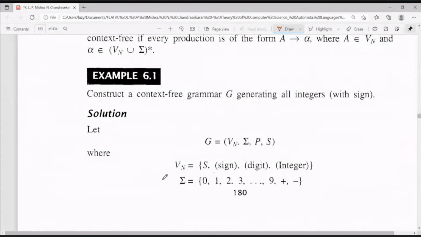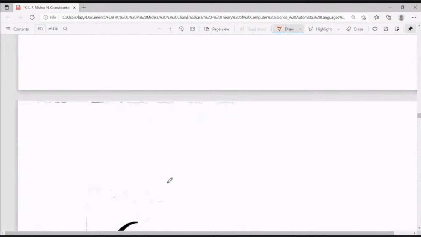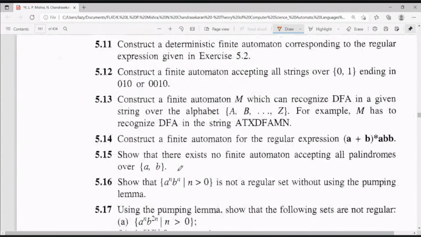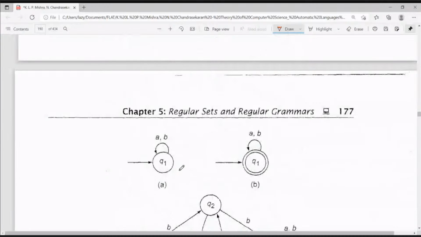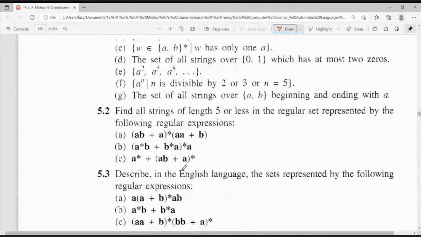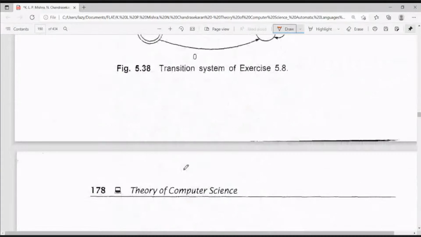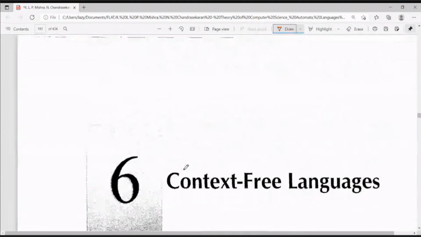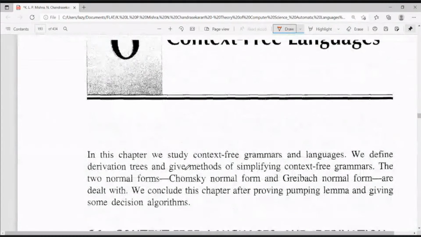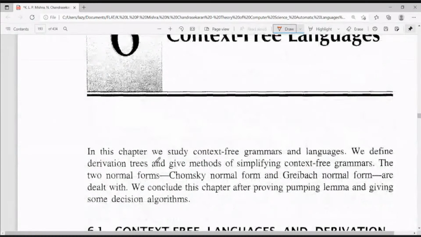Basically, you should try to do more and more questions, which we are not able to do right now because there are many concepts left that we have to cover. Then I can be assured that we have covered the syllabus.